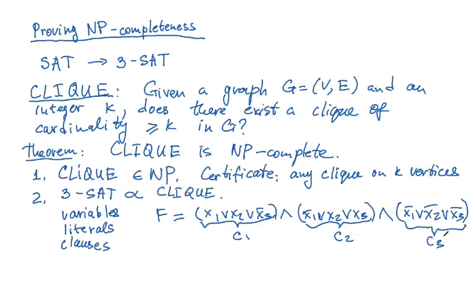So there must be at least one of the literals in each clause that actually gives you the true answer. So for the formula to be satisfiable, every single clause needs to be satisfied.